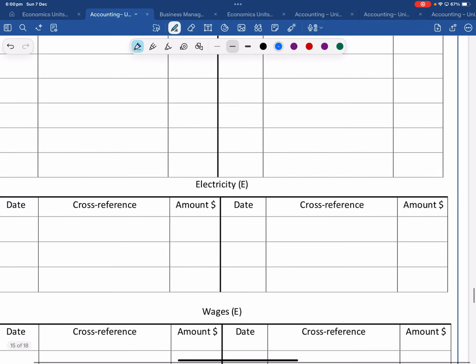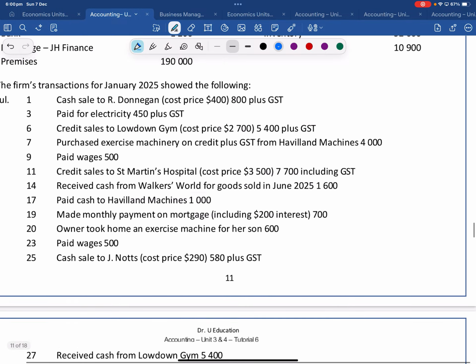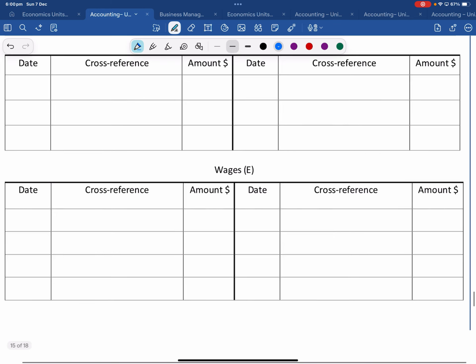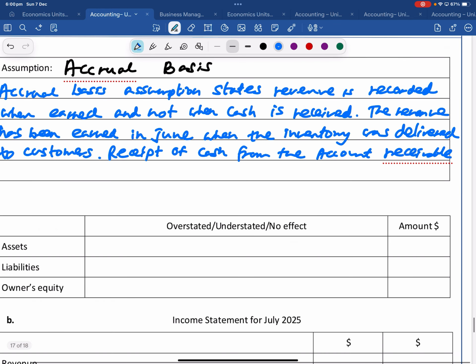Account receivable, what's his name? Workers. Account receivable.